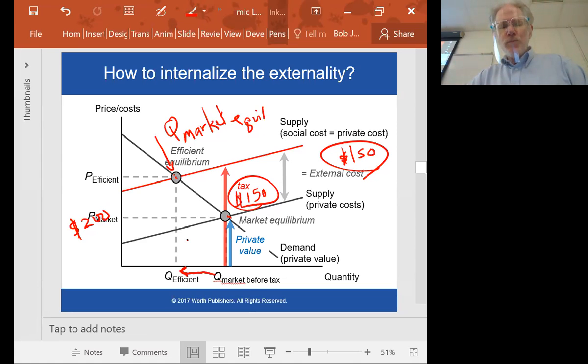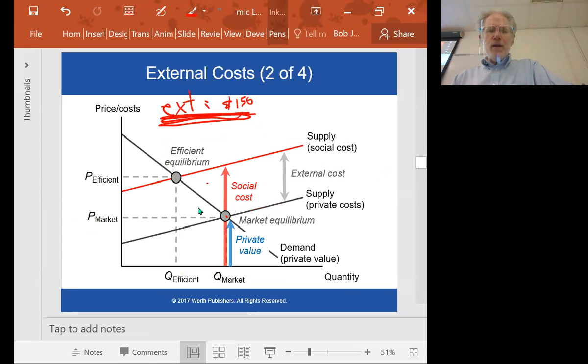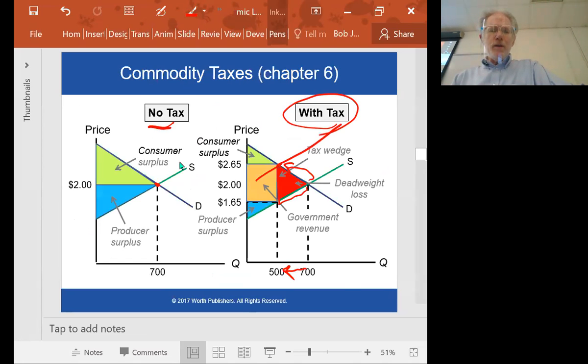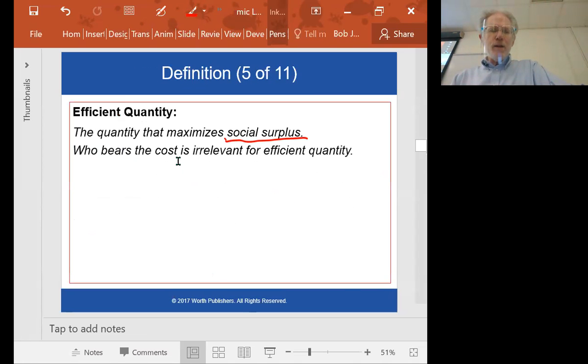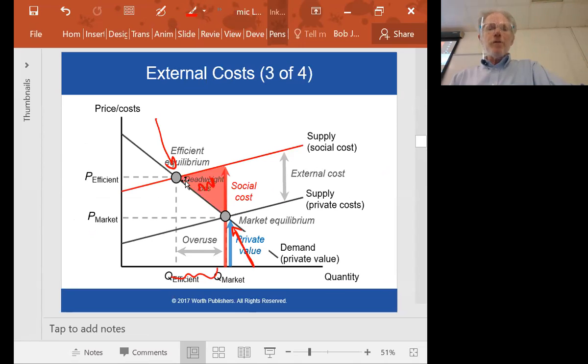Okay. Notice when we were describing the inefficiency without any tax, in that situation, we were saying the market is going to be here. We wish we could be here. Okay?